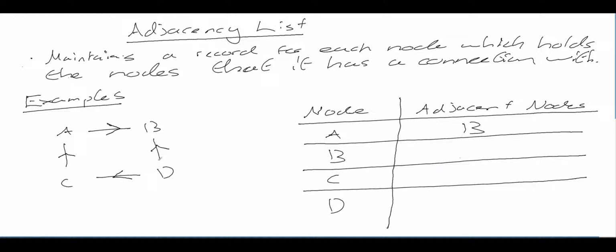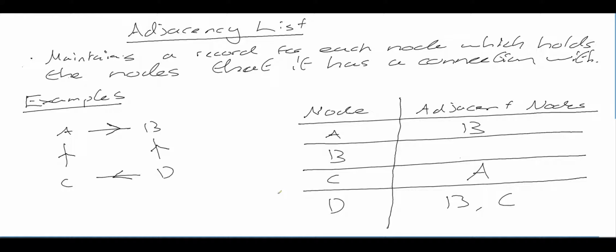B is not adjacent to any nodes because it has no arc coming out of B that is directed to another node, so we don't put anything in the B row. C is now only adjacent to A, so we just write A in the C row. And D is still adjacent to B and C, so we write down B and C here.